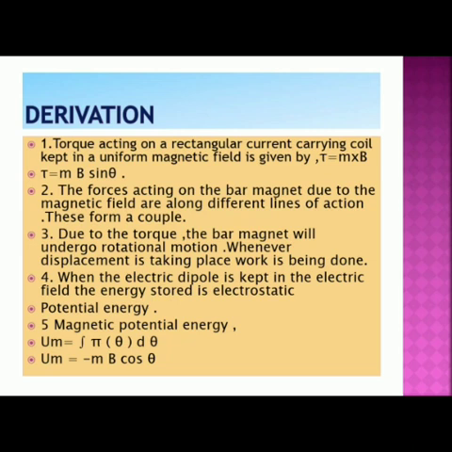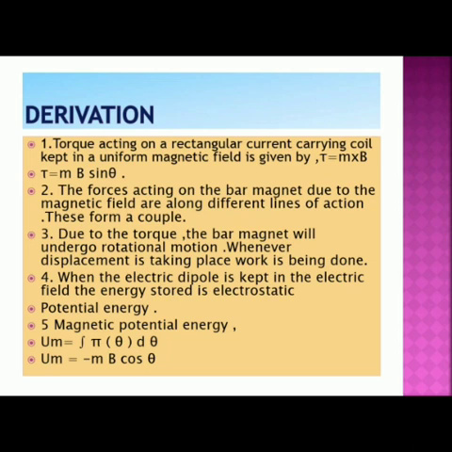Now, the first point says that the torque acting on a rectangular current carrying coil kept in a uniform magnetic field is given by tau is equal to m multiplied by B, and the forces acting on the bar magnet due to the magnetic field are along different lines of action. Now, these are going to form a concept which is called nothing but a couple.